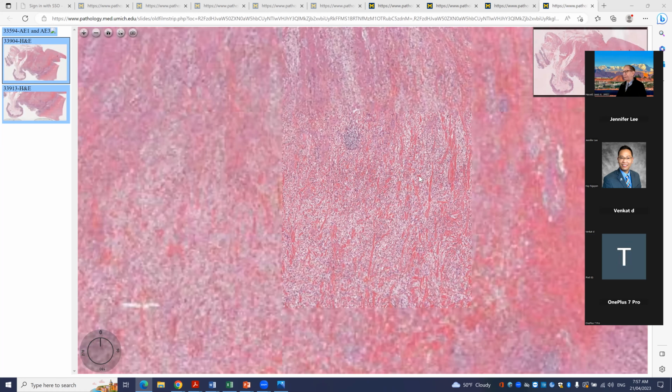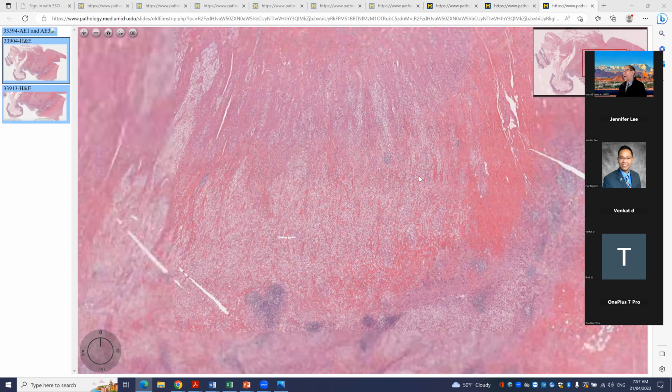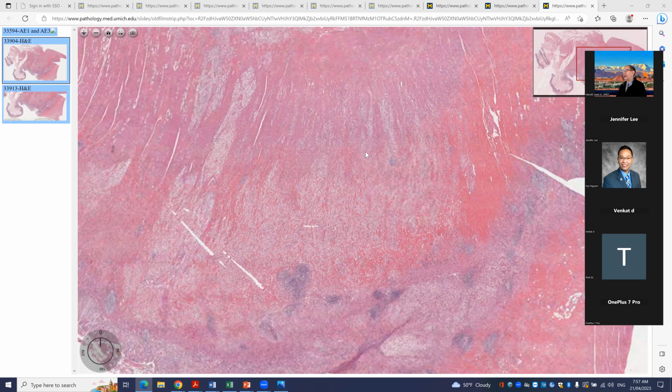And the appendix is one of these areas where being careful to define that lesion and identify it and give proportions of neuroendocrine versus non-neuroendocrine tumor can help to guide prognosis and therapy. The immunostain that was provided with this was a pancytokeratin stain, which showed all of these cells to be nicely and strongly positive.